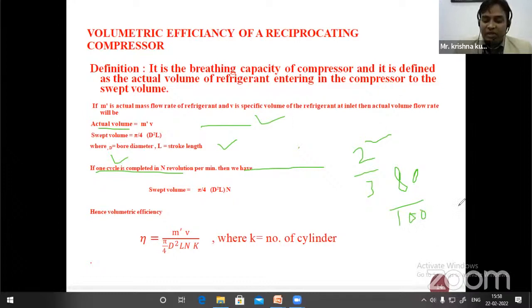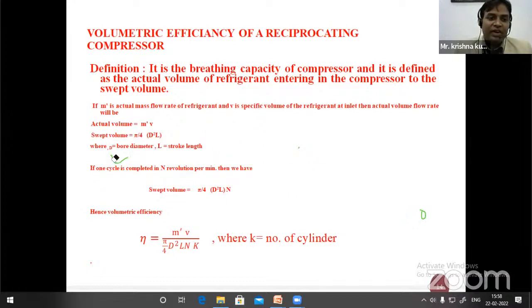That is how we define it, and it is used in the VCRS system to determine the size of the cylinder, or the reciprocating compressor basically.